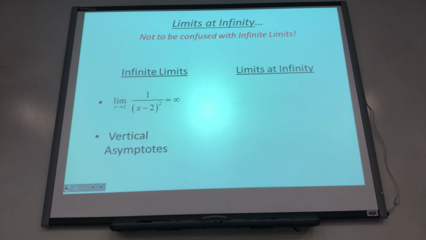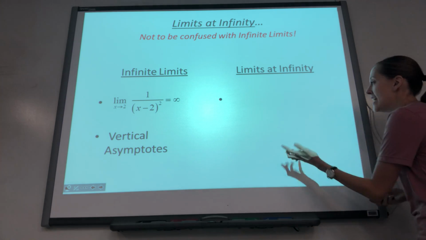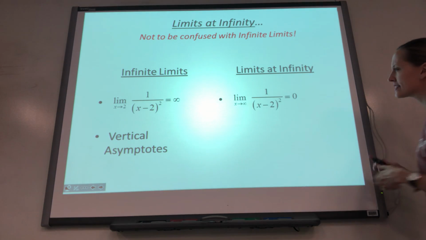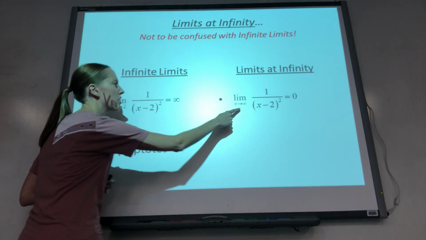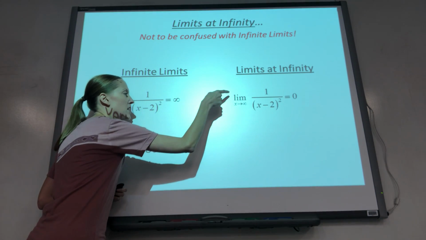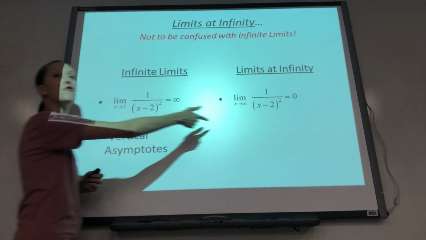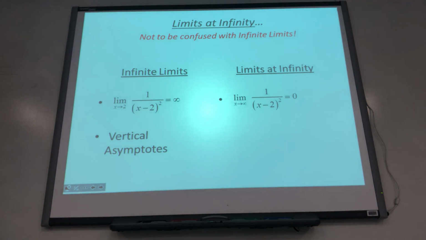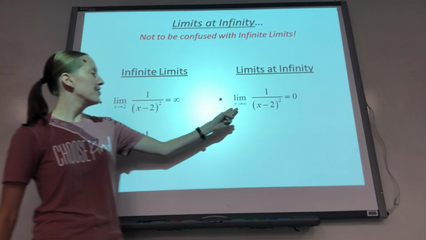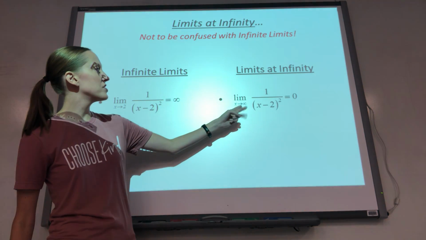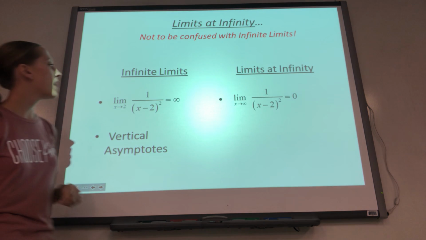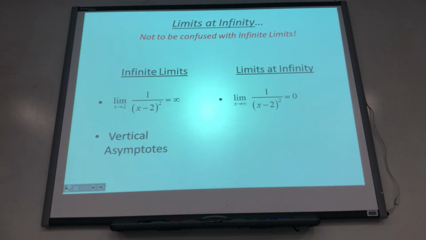You'll just have to kind of know when you look at it. So here, and this is kind of hard to see up here, a little bit blurry, but this says the limit as x approaches infinity, that is positive infinity right there, of 1 over x minus 2 squared equals 0.